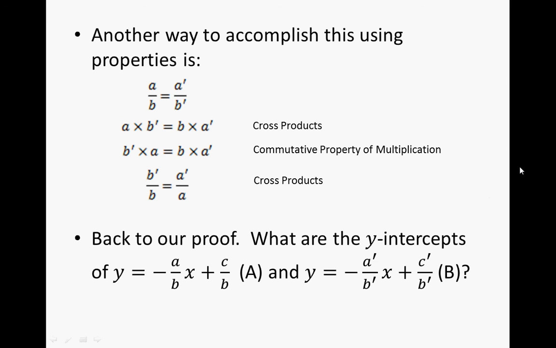So let's go back to our proof now that we have digressed a little bit to show how we can manipulate proportions. Now what are the y-intercepts? The y of these equations: y equals negative a over b times x plus c over b for equation a, and y equals negative a prime over b prime times x plus c prime over b prime.